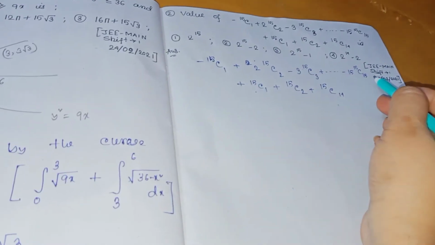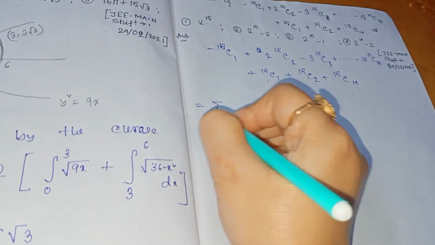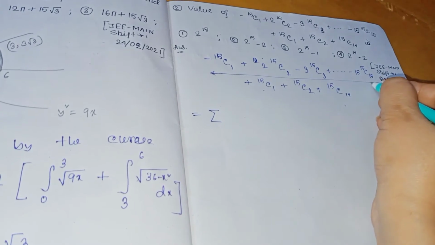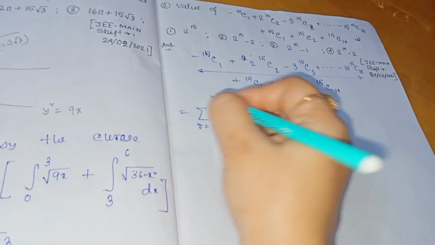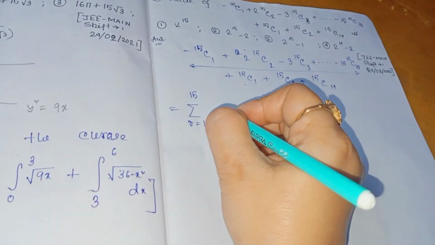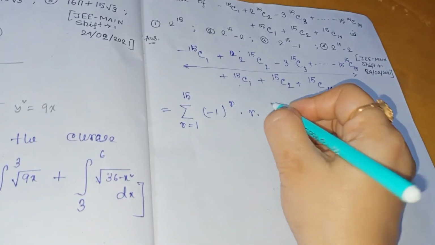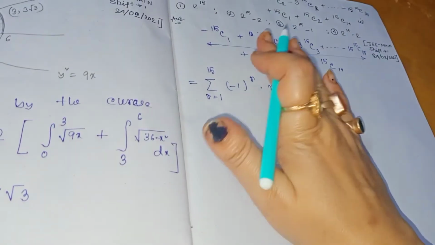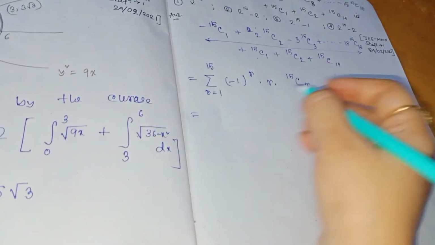So look at this. This is the series. We can easily write this as the sum from r is equal to 1 to 15 of minus 1 whole to the power r into r into 15 C r. Now solve this.